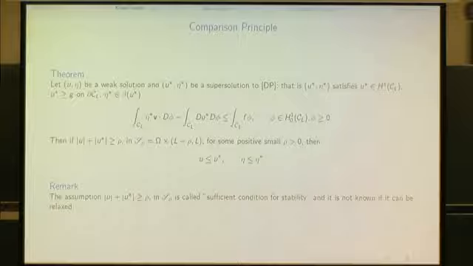Say that on the top of your cylinder, your boundary data is some positive constant. That will do the trick. For that particular boundary condition, this condition would be satisfied.